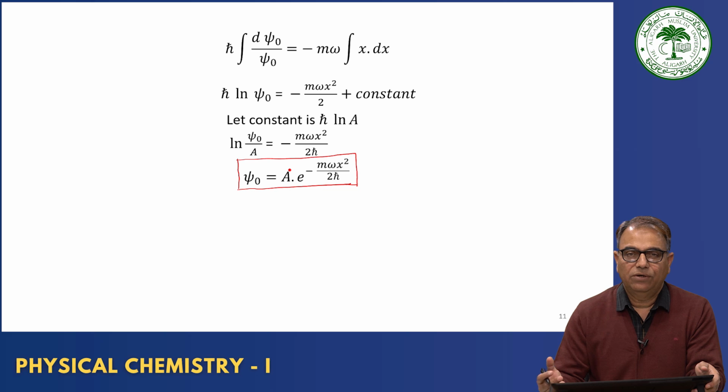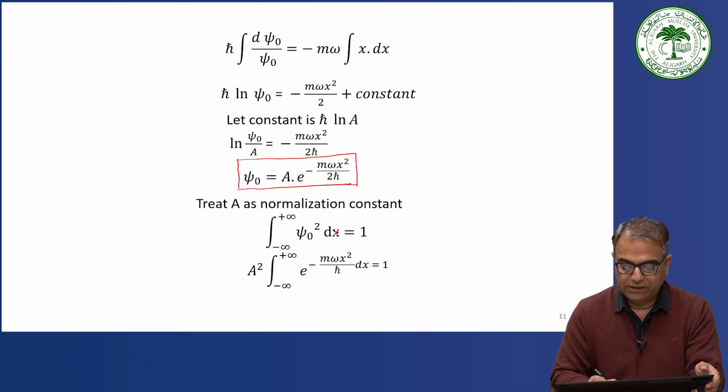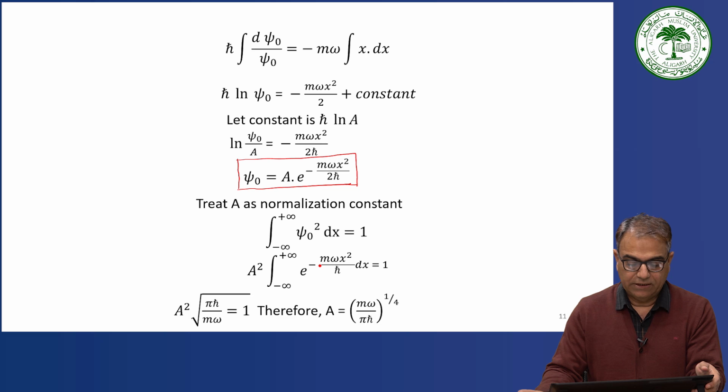So we have found the wave function psi 0, and now treating a as the normalization constant, we can write the relationship integral of psi 0 square dx is equal to 1. This will be a square times the integral from minus infinity to plus infinity of exponential of minus m omega x square divided by h cross dx, equal to 1. It is very easy, you can see.